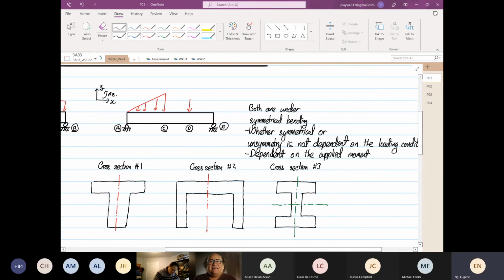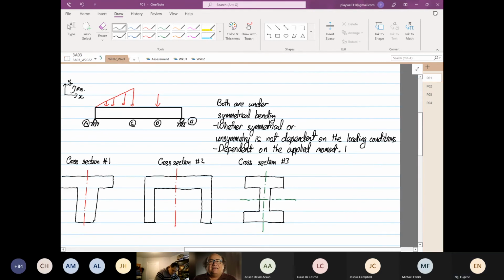What do I mean? Okay, for symmetrical bending, the applied moment must be acting in one direction only.